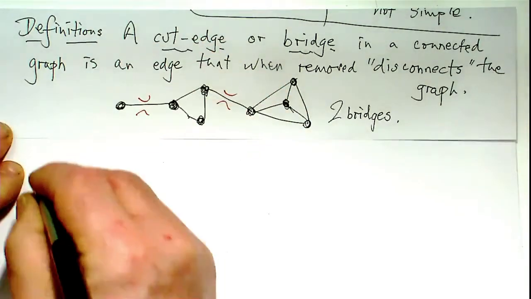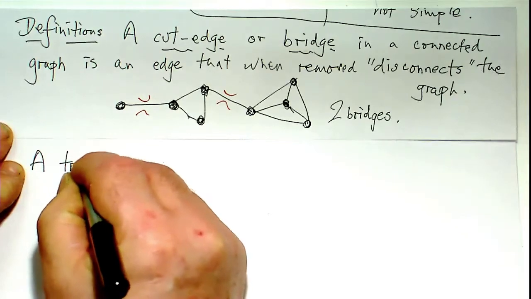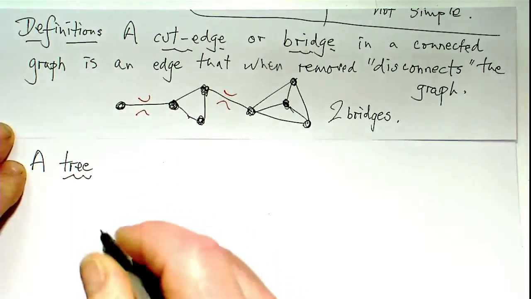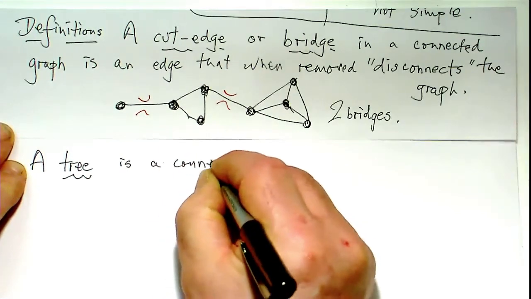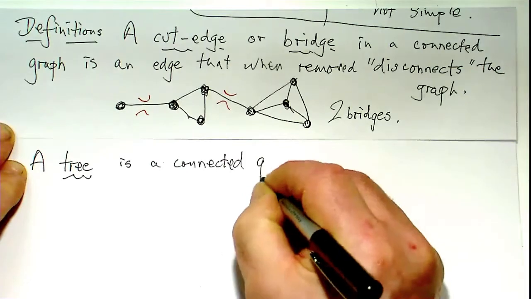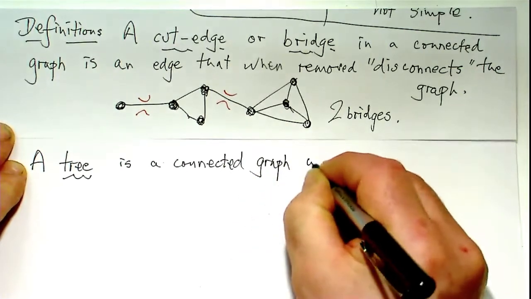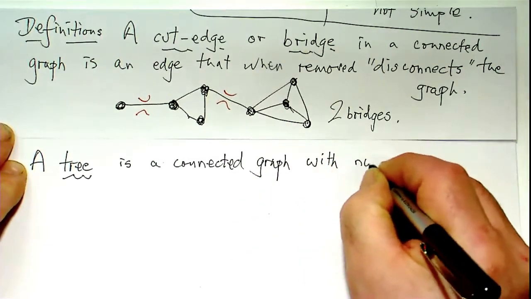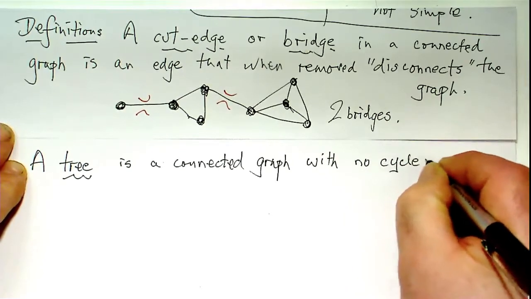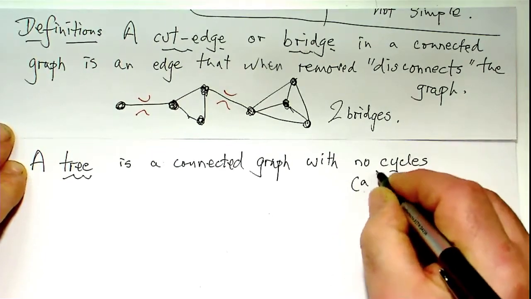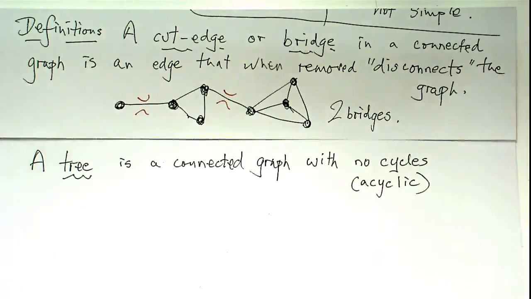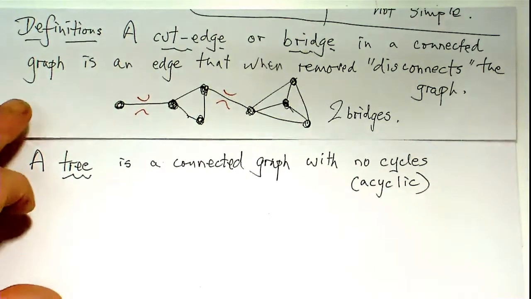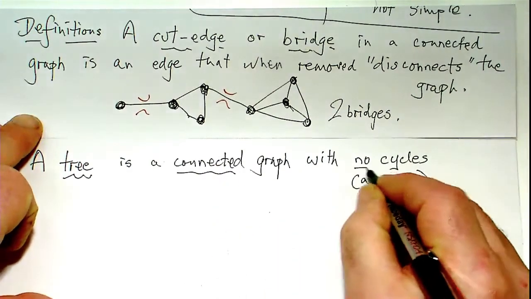A tree is a connected graph with no cycles. The phrase no cycles, you sometimes see this written as acyclic. It has to be connected, that's crucial, and it has no cycle.